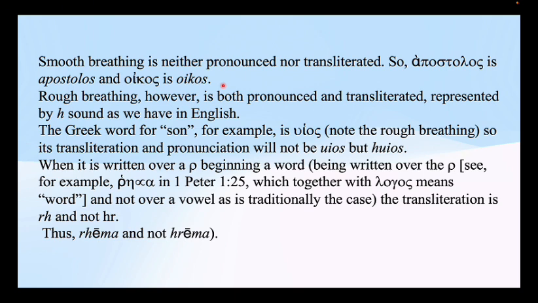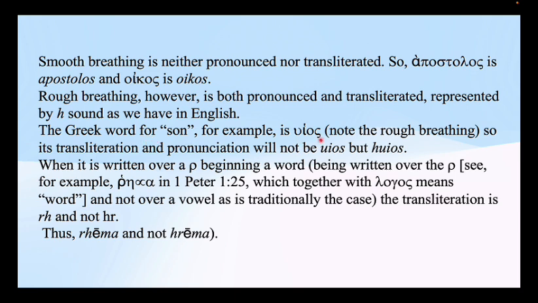Now when you have the rough breathing, however, both pronunciation and transliteration will change. They will be represented by an H sound as we have in English. Example is here. We have the Greek word for sun.